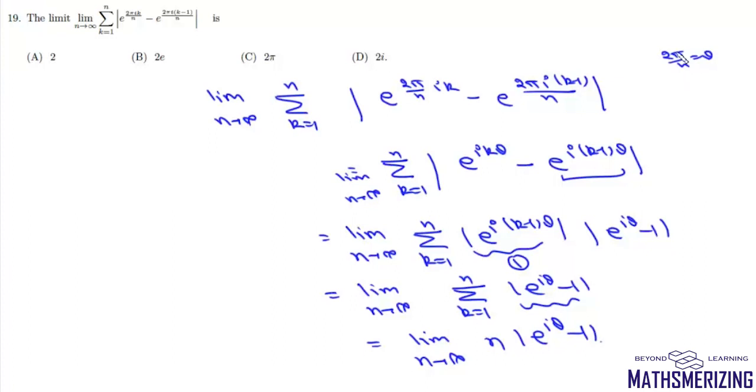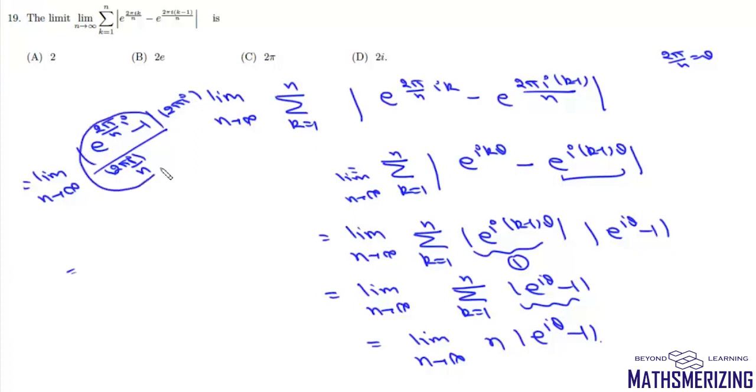Now we'll put the value of θ. θ is 2π/n. So we can write this limit as the limit n tends to infinity of |e^(2πi/n) − 1| upon 1/n. Now we'll multiply and divide it by |2πi|.